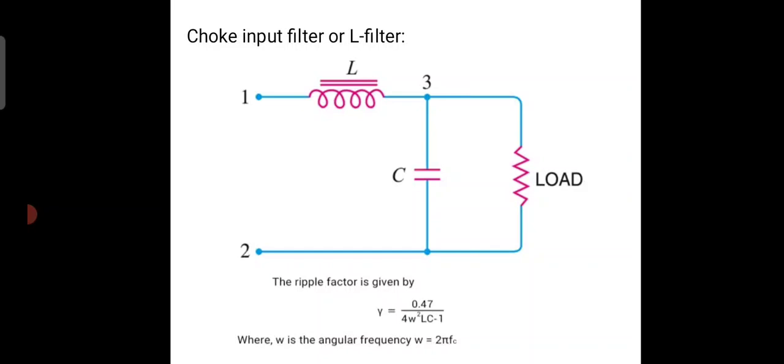And the ripple factor for this circuit is going to be mu equals 0.47 divided by (4 omega square LC minus 1), where omega is the angular frequency, and C and L are the capacitance of the capacitor and inductance of the inductor.